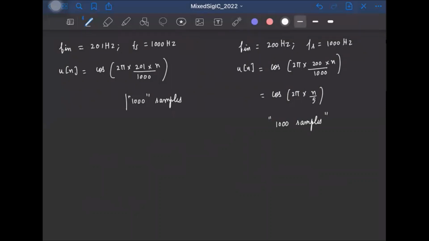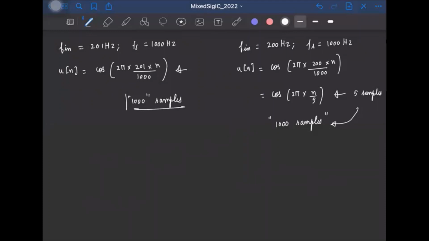Why? Because this sequence has a period of only 5 samples. So even though you took 1000 samples, it had only 5 unique values. Whereas here, this signal has a period of 1000 samples, and so there is no repetition within these 1000 samples. All 1000 samples are unique.